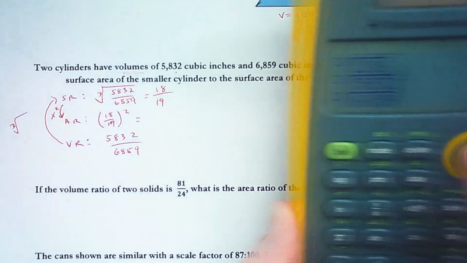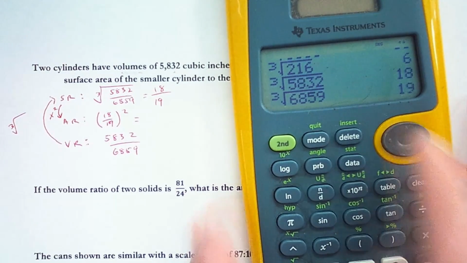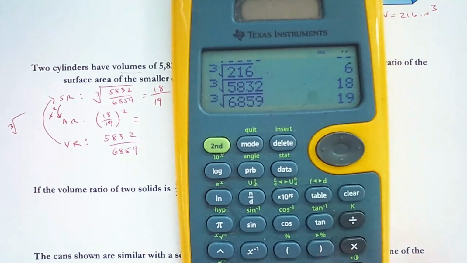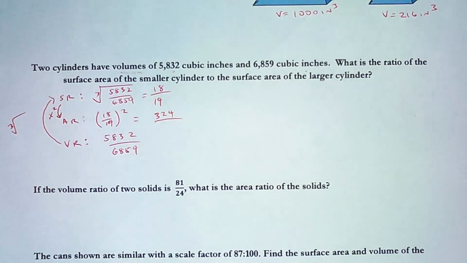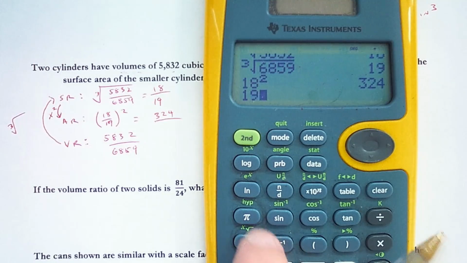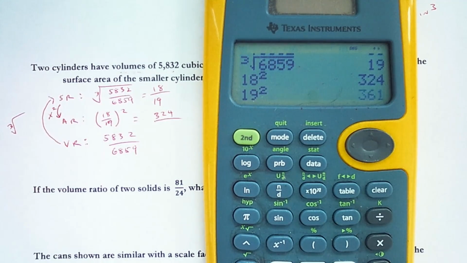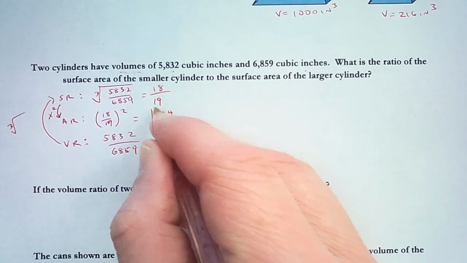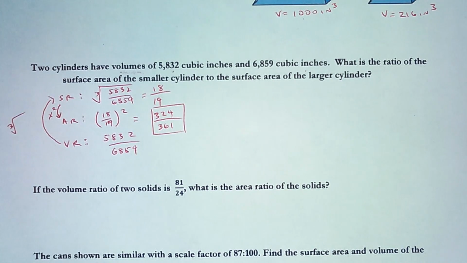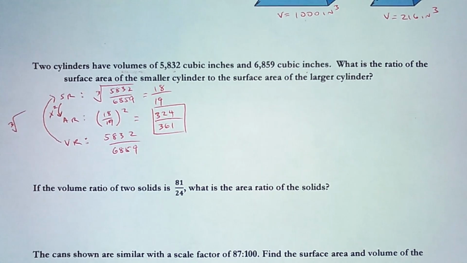And that will give us the ratio of the surface areas. So we have 18 squared, 324, over 19 squared, 361. And that is the ratio of the surface areas.